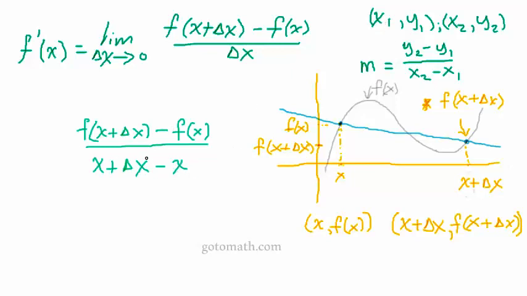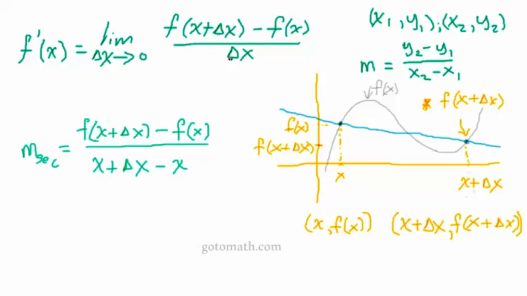Alright, so this represents the slope of the secant line. That's what this represents right here. You could say m secant, the slope of the secant line. Now, of course, as you can see, we can actually simplify this. We could simplify this down by canceling out these x's, and what are we left with?